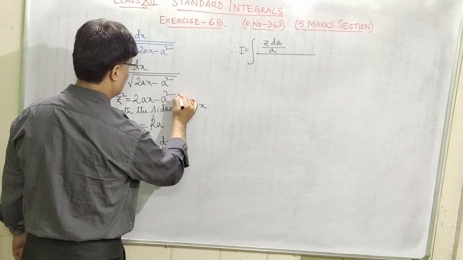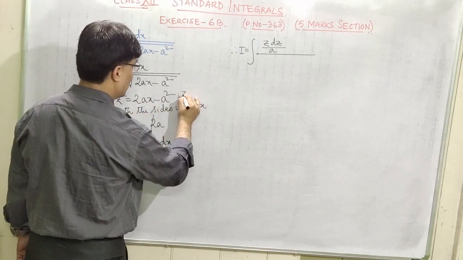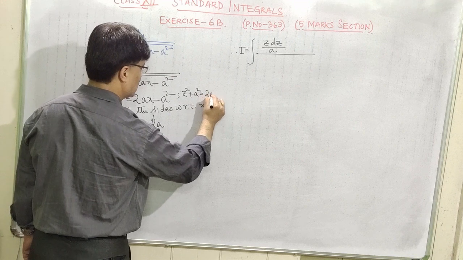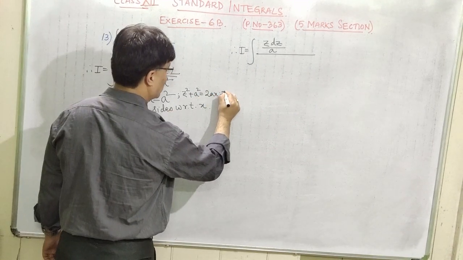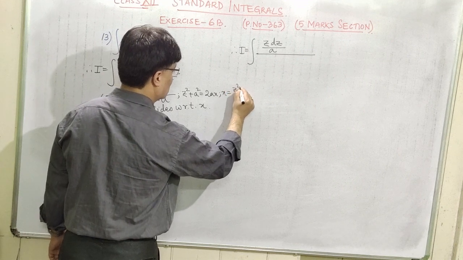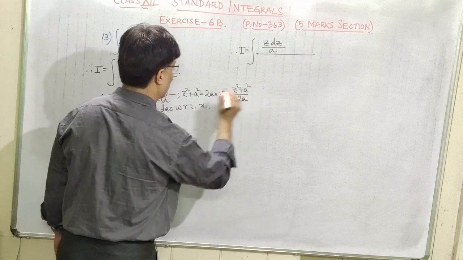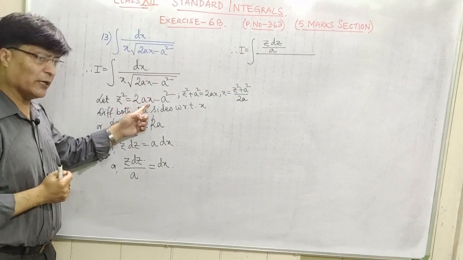What is the value for 2ax now? It will be z square plus a square is equal to 2ax. Right. And what is the value for x from here? x is equal to z square plus a square divided by 2a. Is that clear?